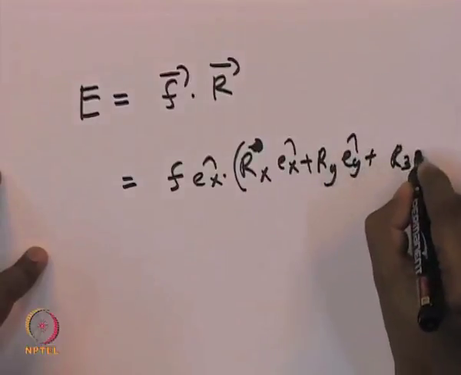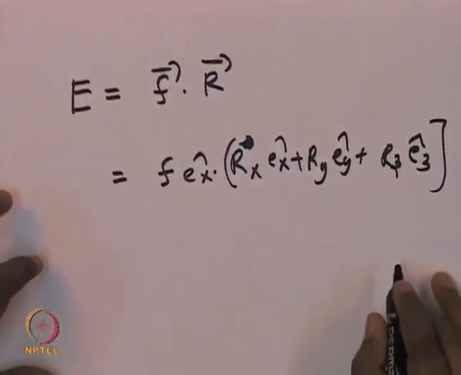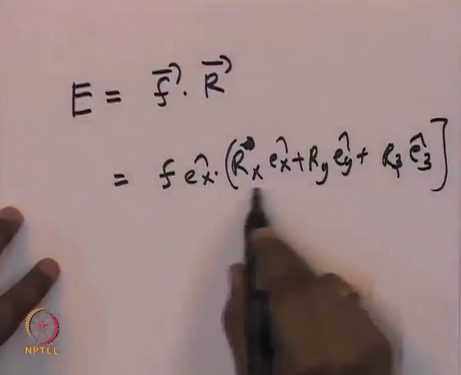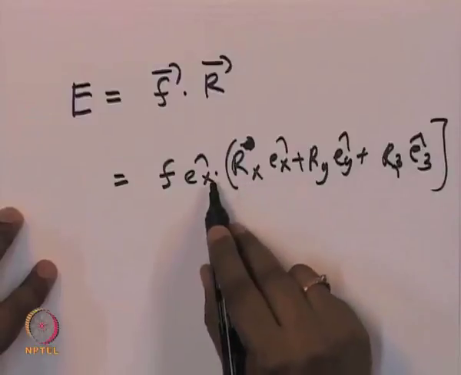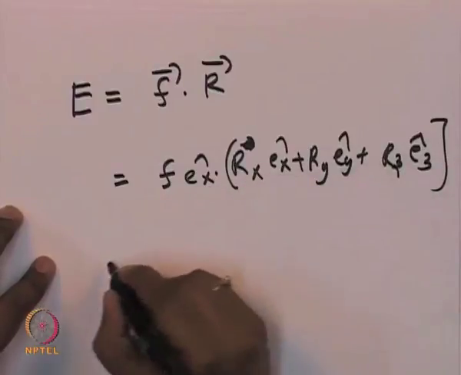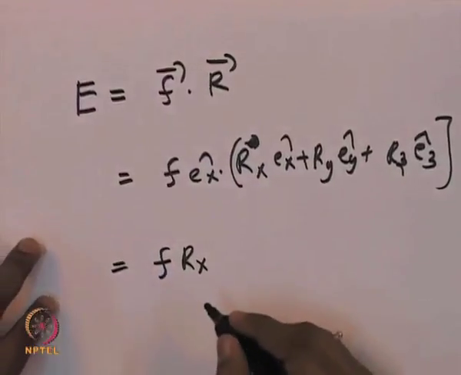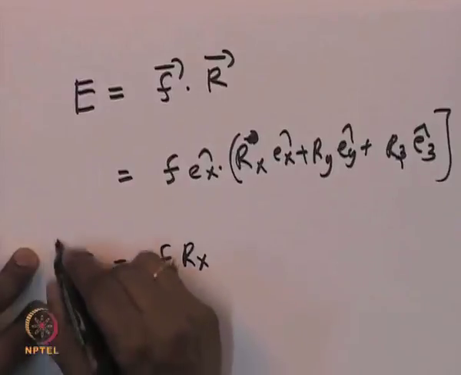In 3D, you can think of it as a vector having 3 components. As we said in vectors, e_x dot e_x is 1, e_x dot e_y is 0, e_x dot e_z is 0. So, the answer is F r_x. This is the work done for pulling.